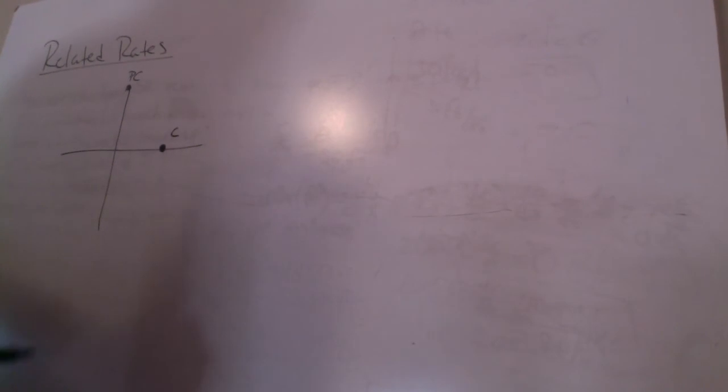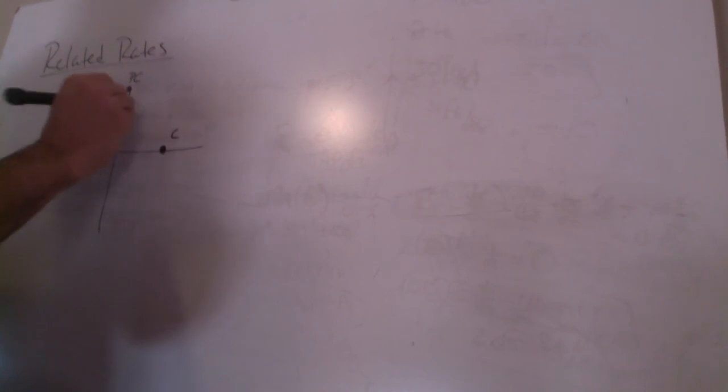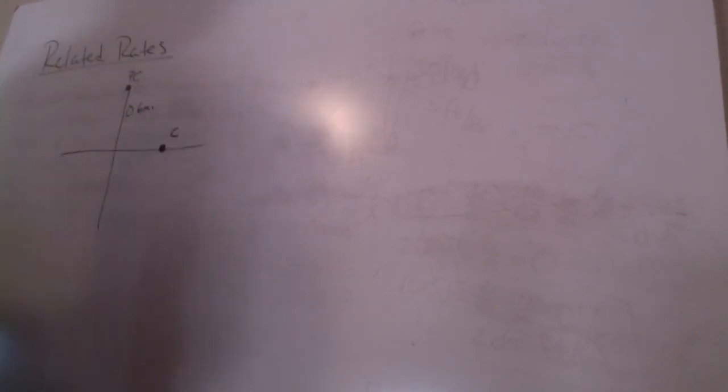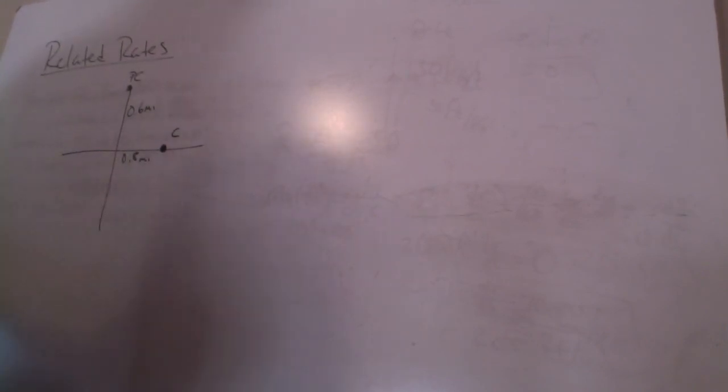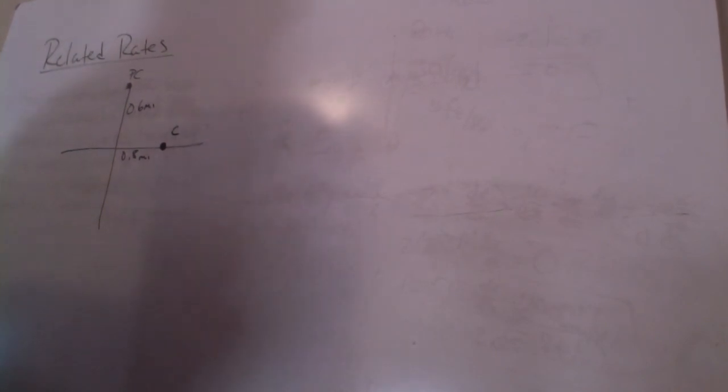Okay. It then gives me some measurements. The police car here is 0.6 miles, and I'll just write that with MI, to the north of this intersection. The car is 0.8 miles to the east of the intersection. And it gives us the rate at which the distance between them is changing.